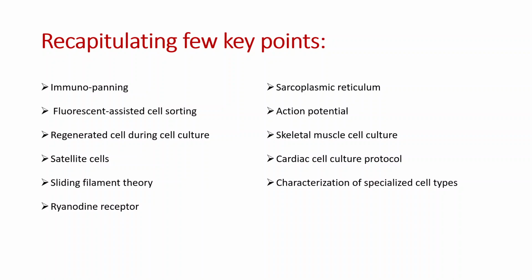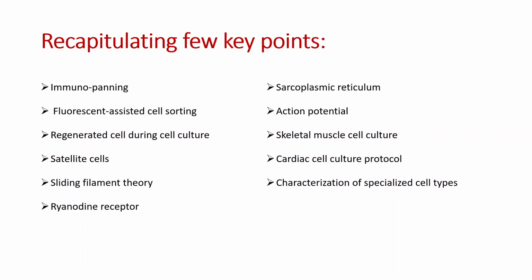Next, we have discussed a few important considerations that one should keep in mind while doing a primary culture of specialized cell types, such as neurons or skeletal or cardiac muscle cells, in an in vitro condition.